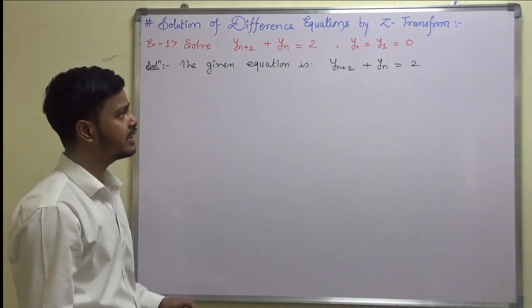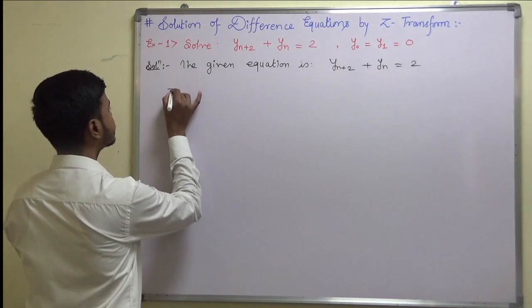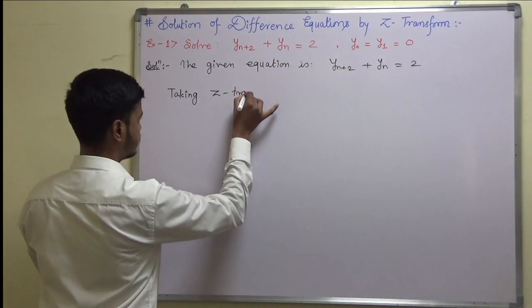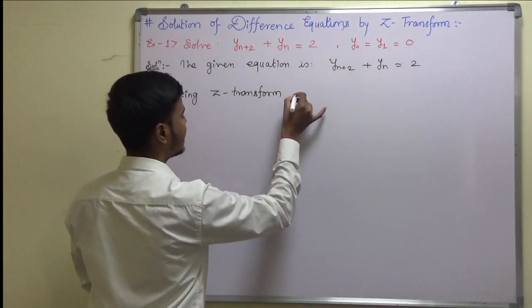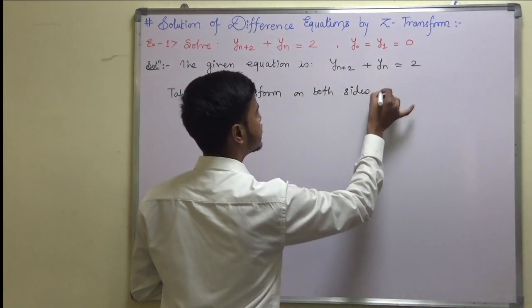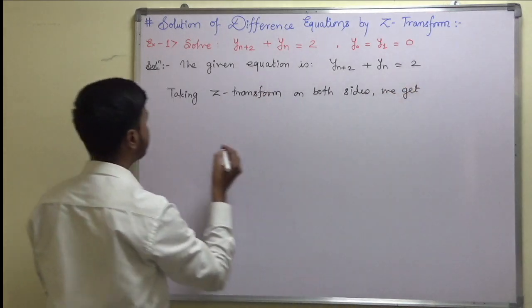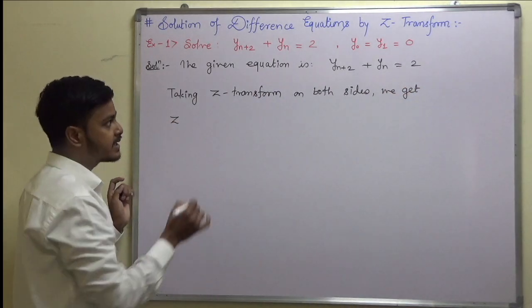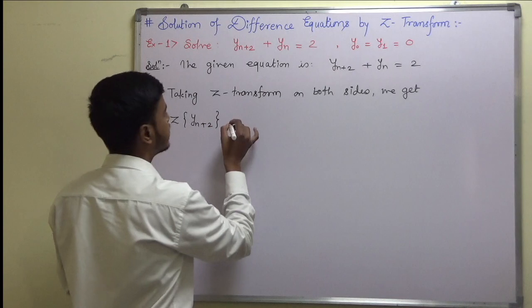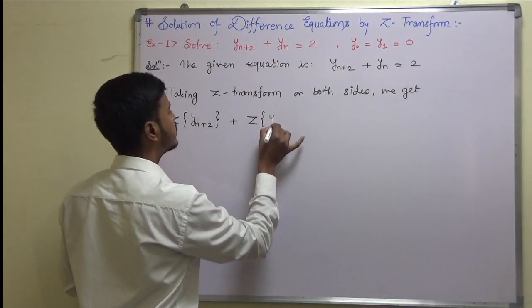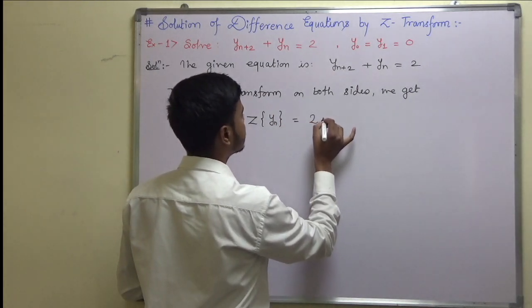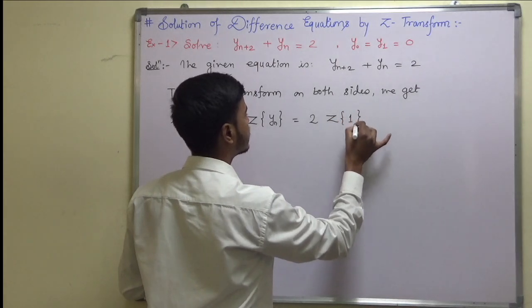Now just take the Z transform. Taking Z transform on both sides, we get Z transform of y n plus 2, plus Z transform of y n, is equal to 2 times Z transform of 1.